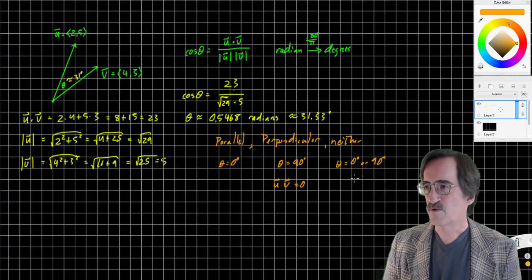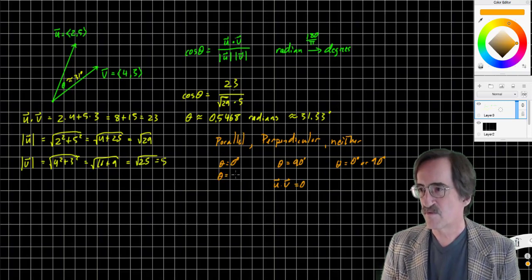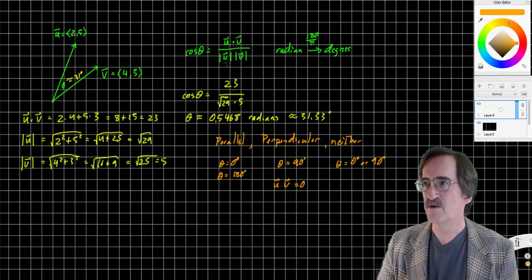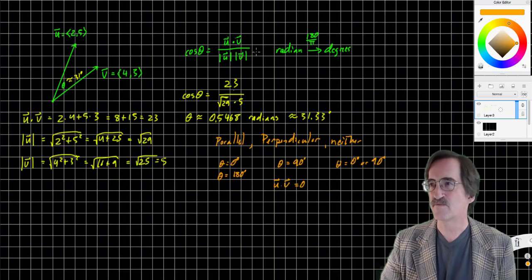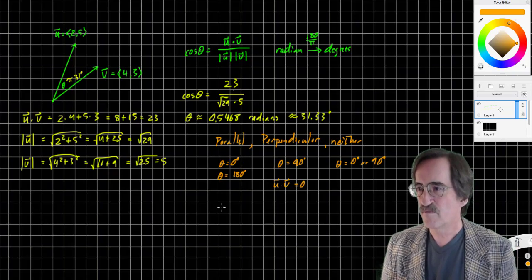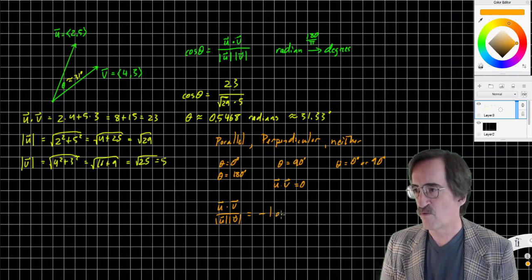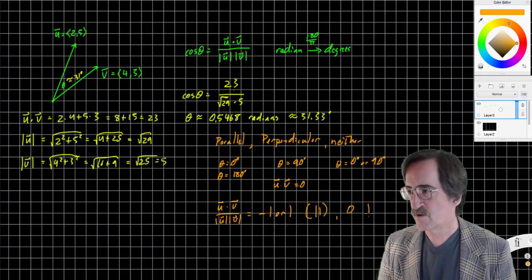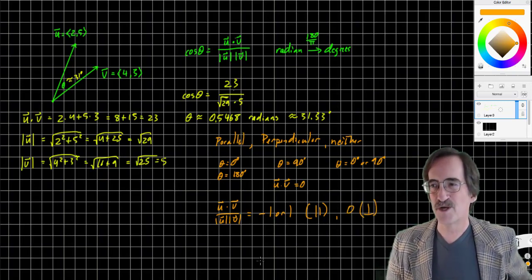And then of course neither. They are also parallel if theta is 180, or if u dot v over magnitude of u times magnitude of v equals -1. So if it equals -1 or 1, then it's parallel. If it's equal to 0, it's perpendicular. Okay, so that's generally the rule.